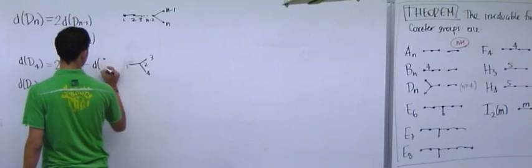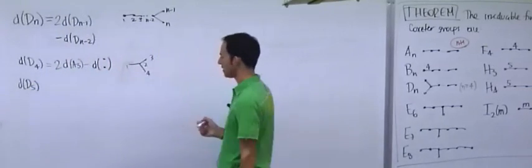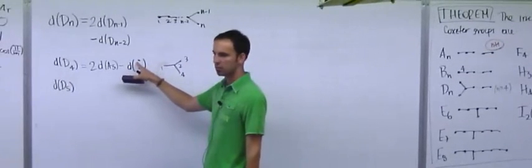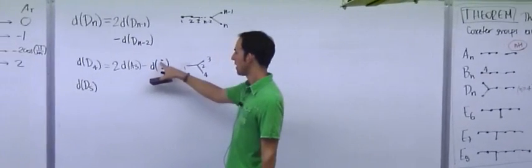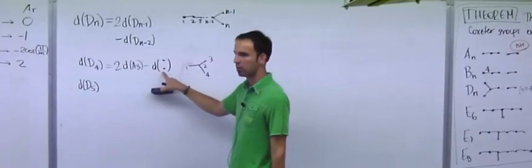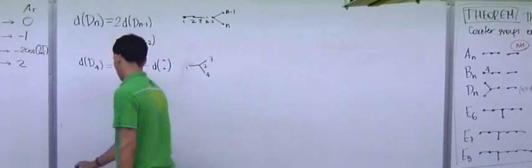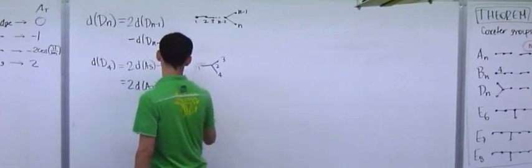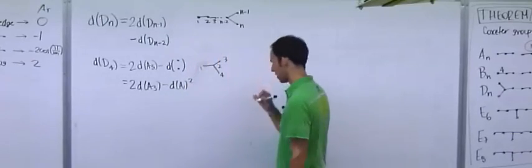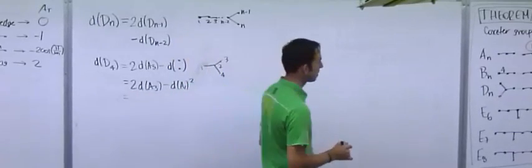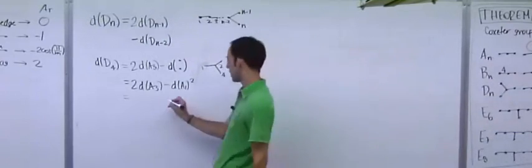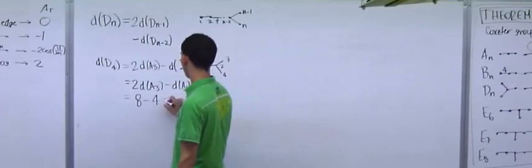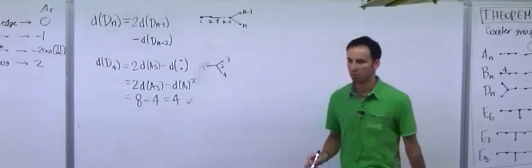I get something that looks like this, which is just the diagram of A1 twice. And we said that when you have two components, you just multiply. So this is 2 times d of A3 minus d of A1 times d of A1. d of A3 is 4, so we get 8. d of A1 is 2, so we get 4. And so this is 4, which is fortunately positive.